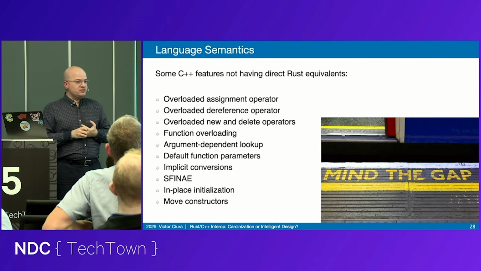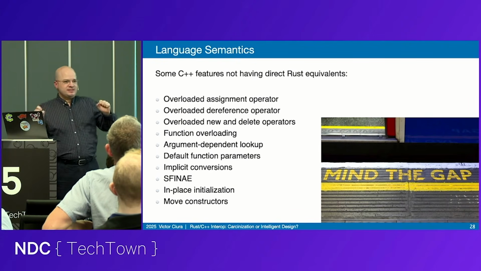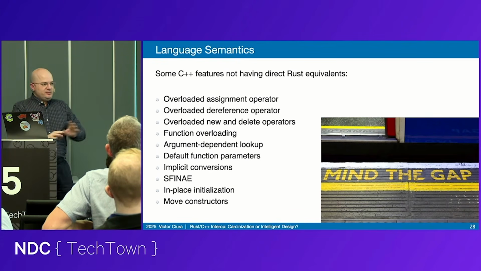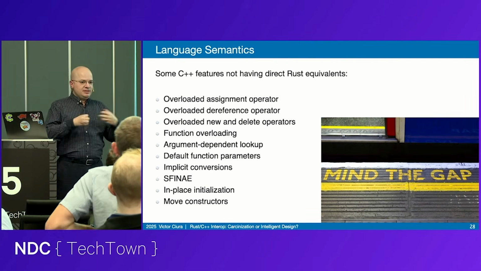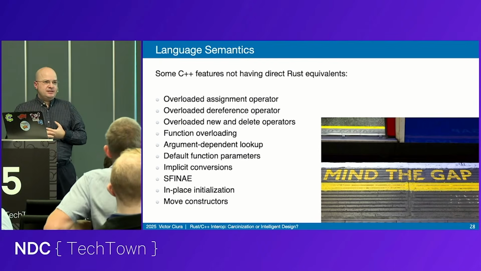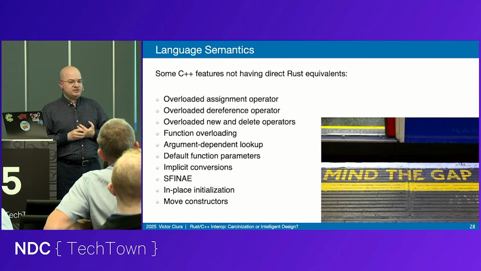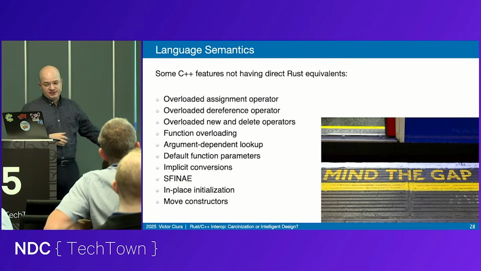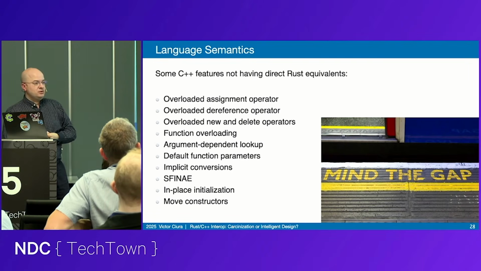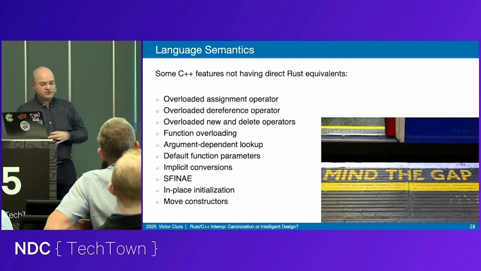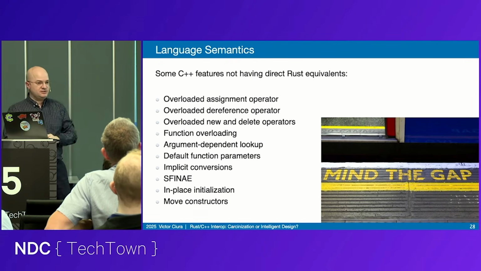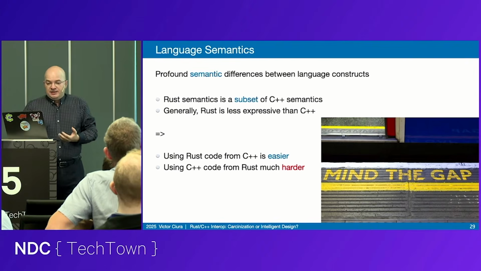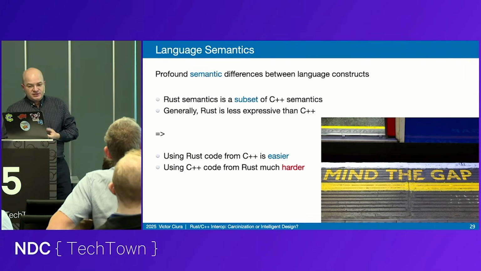We like to think of Rust and C++ as being in the same camp of letting me access hardware and memory, being close to the metal, native languages and so on, but there are so many semantic differences, and I just enumerated a couple of them here, that make life for interop really, really hard, right? For example, these are C++ features that have no correspondence in Rust, as in direct translation. So it's hard. There are profound differences.